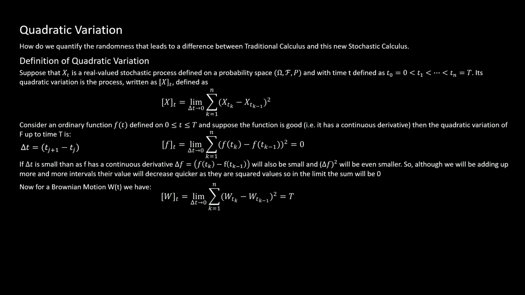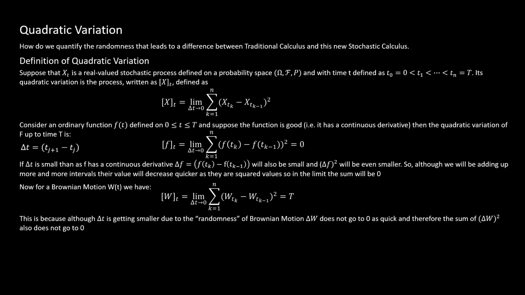This means that as we square them, there will still be a small bit left over. And as we sum over all of these, we will get the value t. This is a really important concept and is the reason stochastic calculus is different to ordinary calculus.